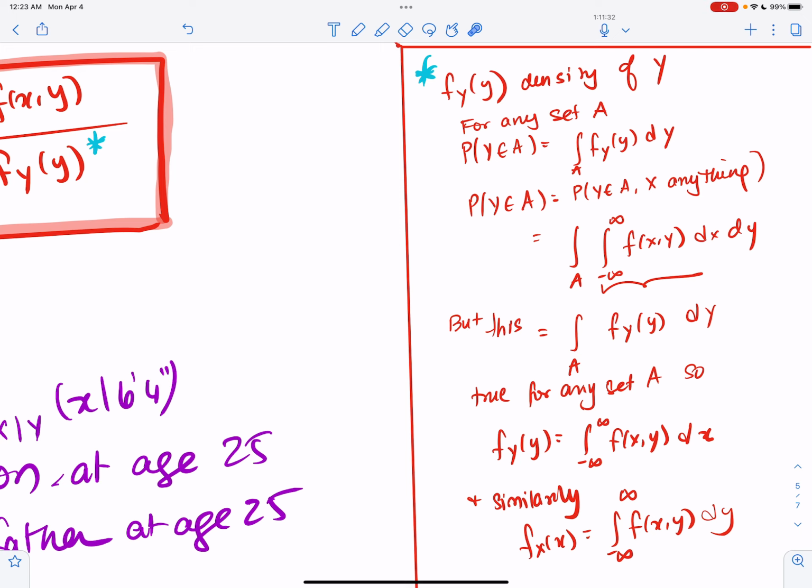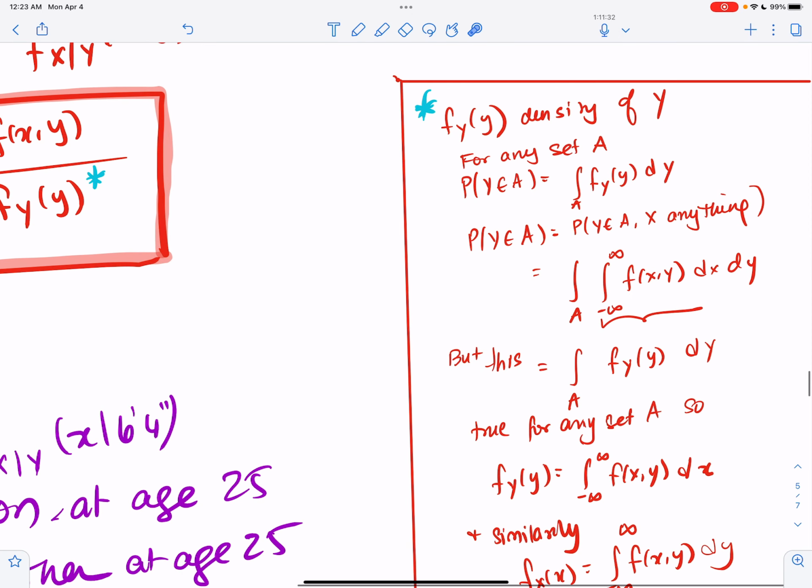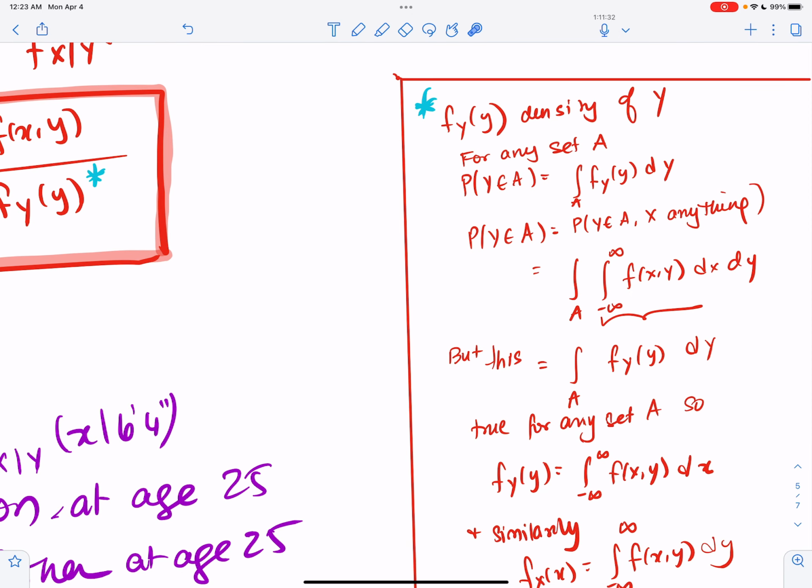If you want the probability y is in A, that's the probability y is in A and x is anything. How do you find that probability? You take the joint density and integrate x over minus infinity to infinity because x can be anything and y is in A.